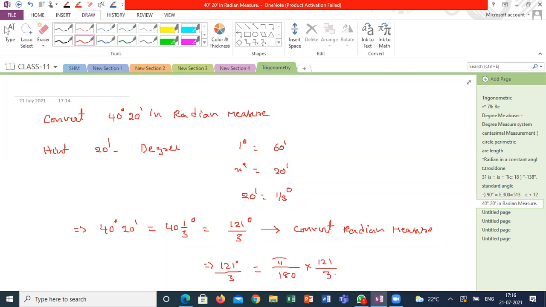Calculate and let me know approximately how many radians this is. Sir, is there any cancellation? We can't reduce them. No cancellations, correct? Yes, sir. 121 pi by how much? 18 into 3 is 54, so 121 pi by 540 radians.